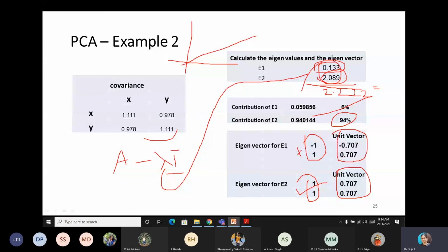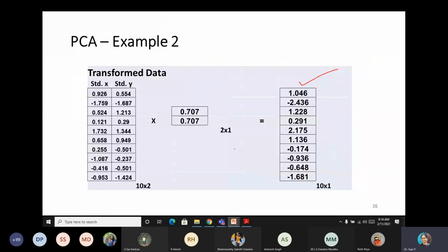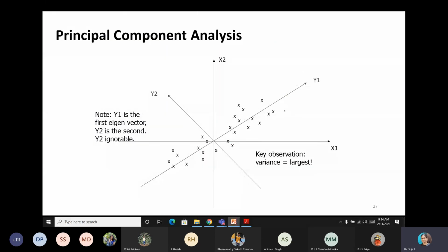Similarly, if you take this unit eigenvector and multiply with 1, 2, 3, etc., you will get another perpendicular line like this. So this is our principal component 1, and this is principal component 2. Since the significant information is present only in this, we will go with the principal component values which are plotted here.